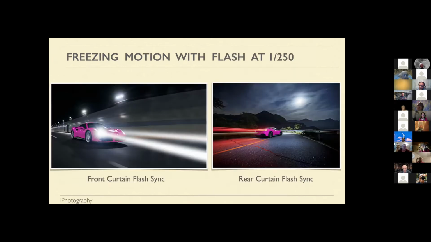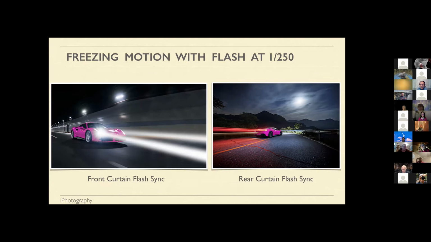A very common way to use front and rear curtain sync is with automobiles. If you want to capture the motion of the headlights coming at you, you use front curtain sync. The flash goes off at the beginning and captures the car, the sensor is open, the car actually moves forward, and the high beams create those two lights.